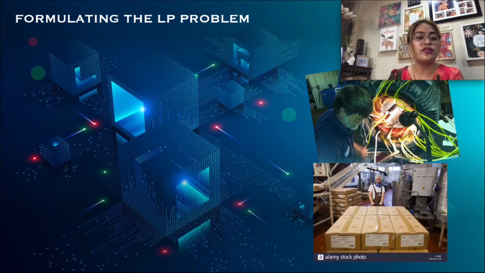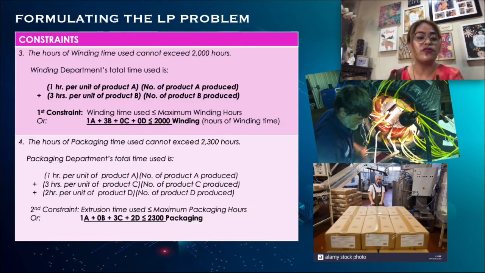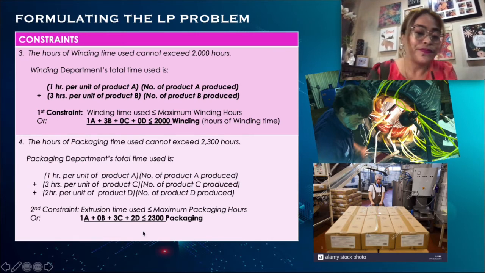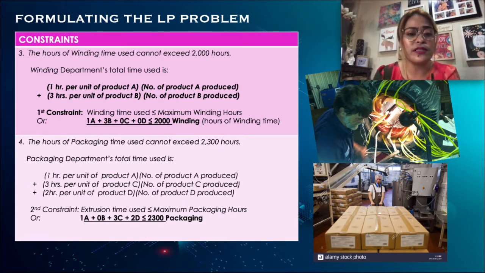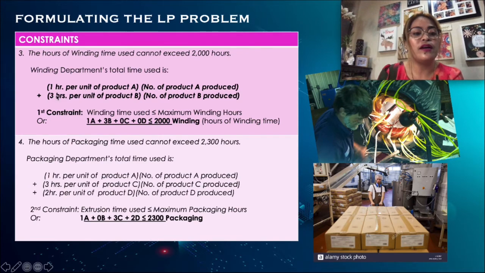Now, let's proceed to the third constraint. The third constraint states that the hours of winding time used cannot exceed 2,000 hours. So, for the winding department's total time used, you have to add 1 hour per unit of product A times the number of product A produced, plus 3 hours per unit of product B times the number of product B produced.